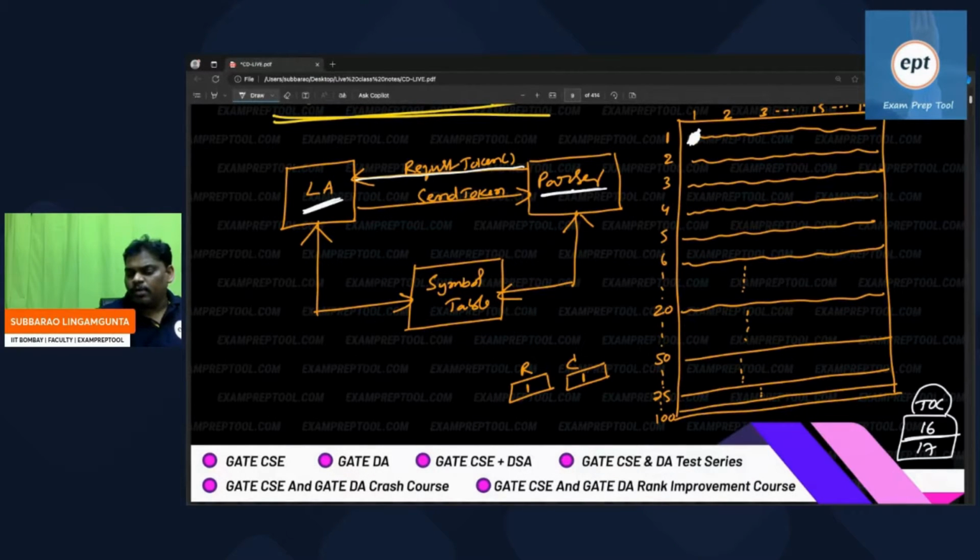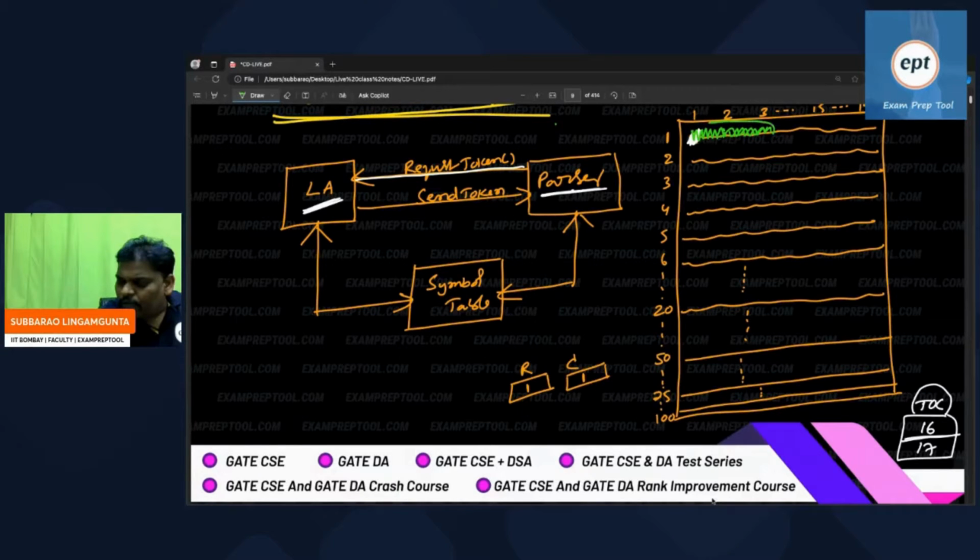The lexical analyzer will do some work, because you know very well how to create a token. He will read one character at a time.